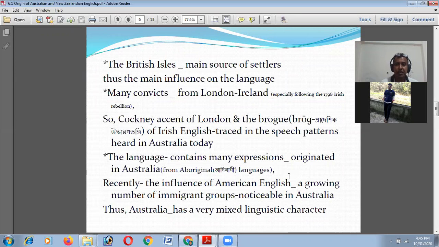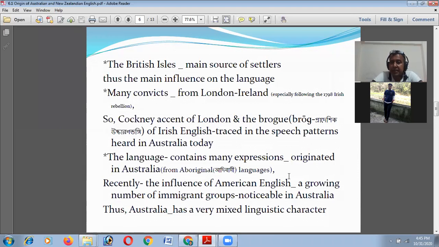So in Australia, we do not see the standard form of English. However, there is the pronunciation pattern of many regional English languages of England or Britain. And this is the pattern of pronunciation of Australian English.